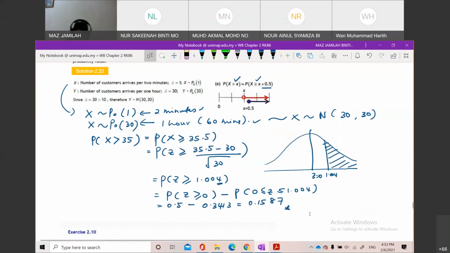Interpret the probability. If you put it as a percentage, it is almost 16%.